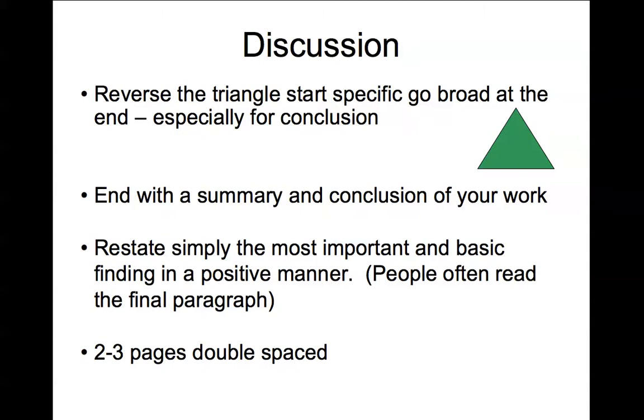And always end your discussion with a basic, clear summary and conclusion of your work. And then restate simply the most important and basic finding in a positive manner. People often read the final paragraph. This should be ideally 2 pages double spaced, but if it stretches into 3, that's okay.